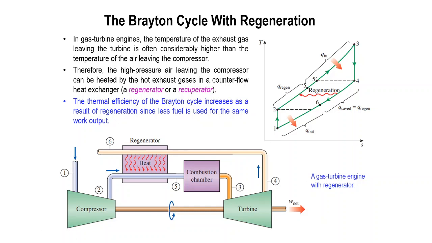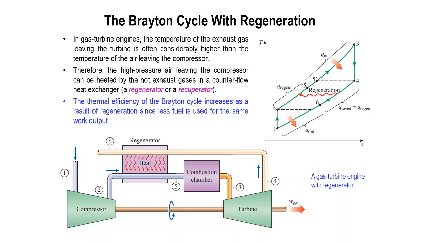As we're talking about the development of the Brayton cycle, we talk about regeneration to increase the efficiency of the Brayton cycle. In gas turbine engines, the temperature of the exhaust gas leaving the turbine is often considerably higher than the temperature of air leaving the compressor.